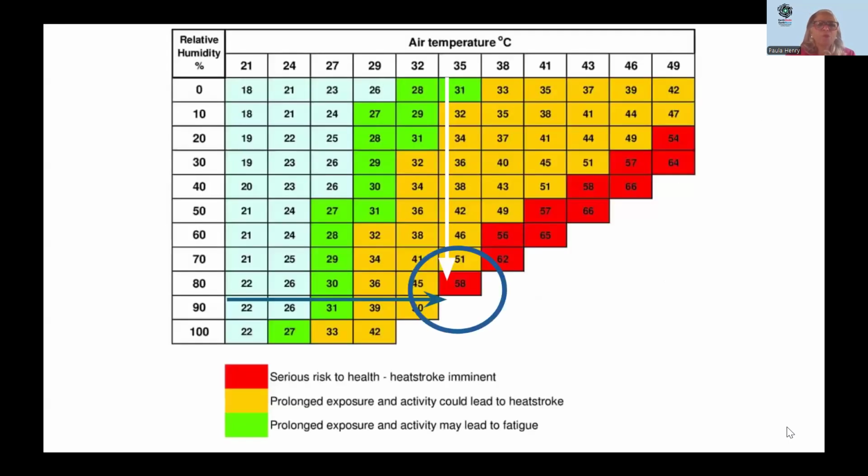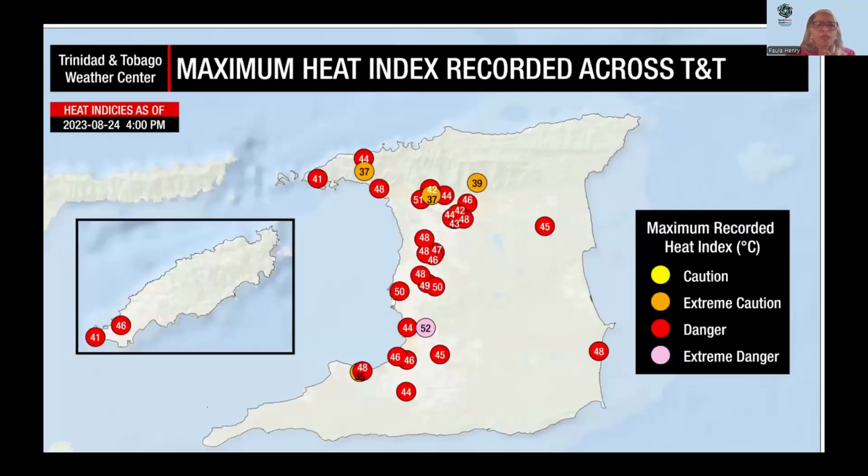Next slide. So I asked Dr. Hospitalis to send me some information about the Trinidad and Tobago Weather Center, and he sent me this. This is a picture of the heat indices in Trinidad and Tobago on the 24th of August 2023.